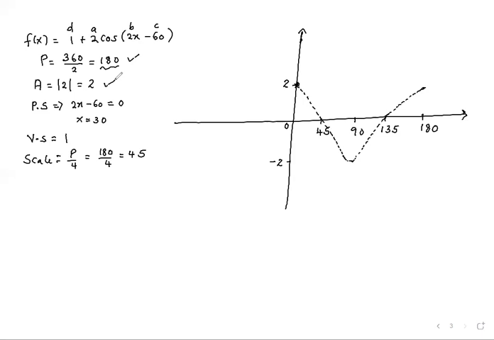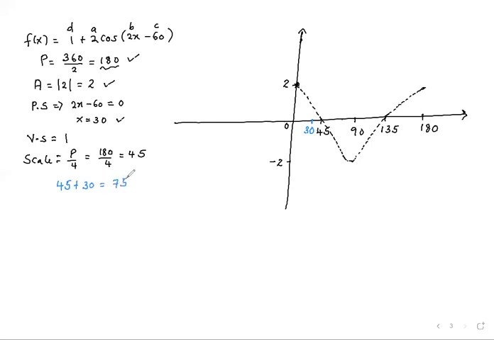Then we have the phase shift of 30. So to each point, we need to add 30. We start with 0 plus 30, we get 30 itself. So I put 30 here. Then again, I add 45 plus 30, I get 75.